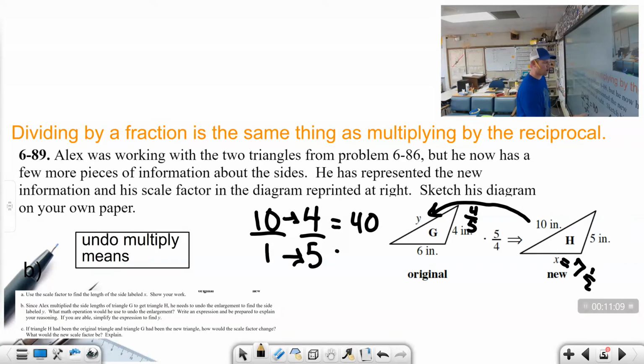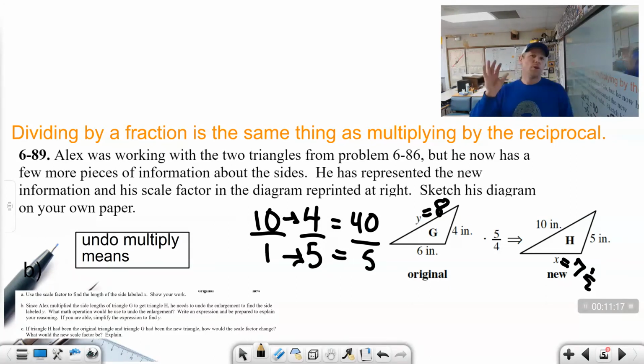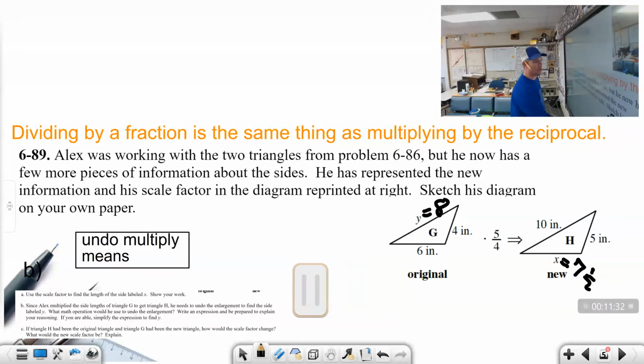I multiply straight across, and I get 5. 40 divided by 5, y equals 8. Notice, direction matters. The scale factors are really similar because they're the same numbers, but they're in opposite locations because we're going in the opposite direction. You have to pay attention to that.